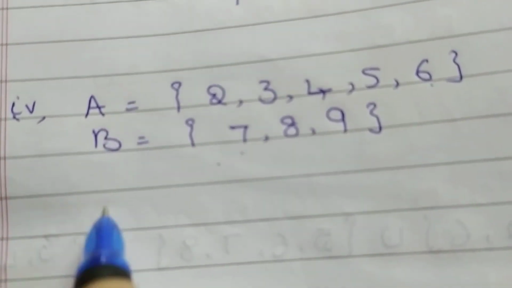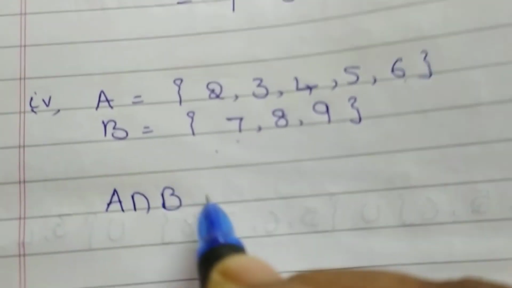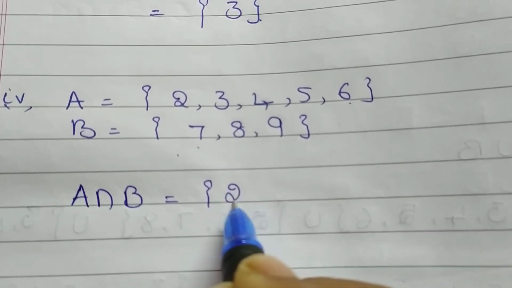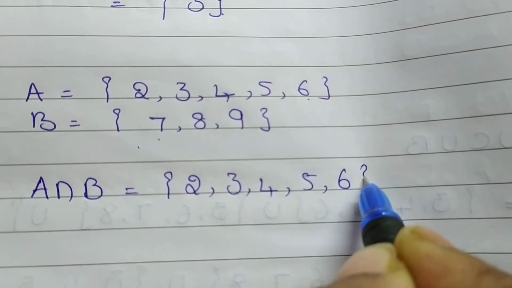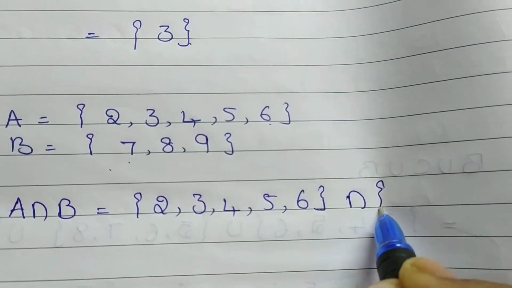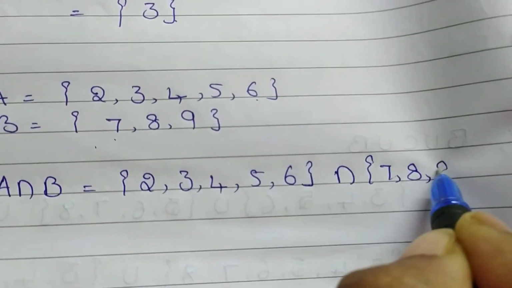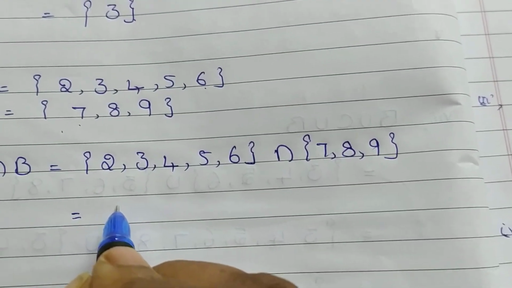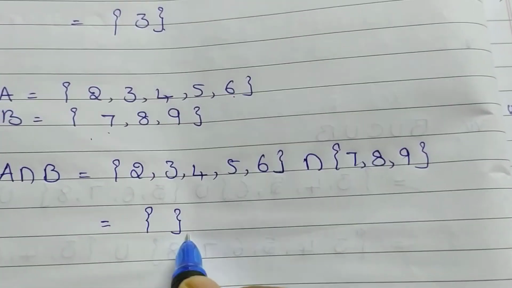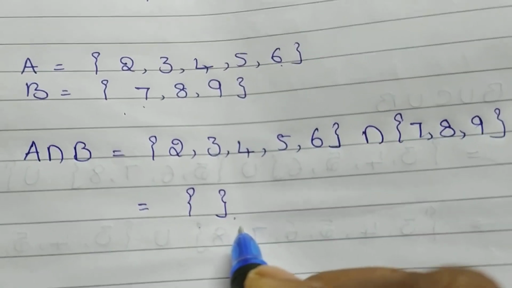So A intersection B will be equal to, substituting the sets, 2, 3, 4, 5, 6 intersection 7, 8, 9. So what is common in both? Anything common? Nothing is there. So this is the empty set.